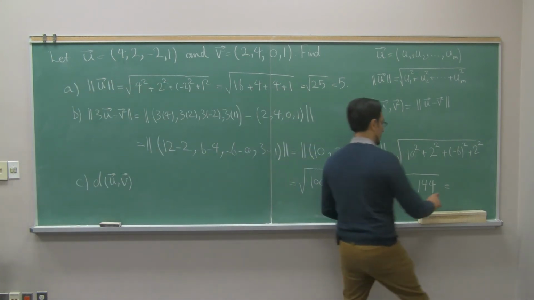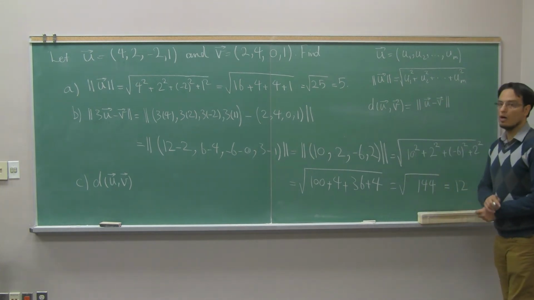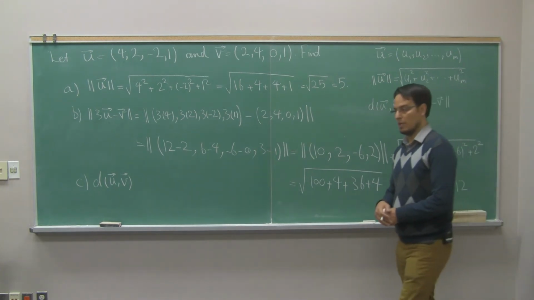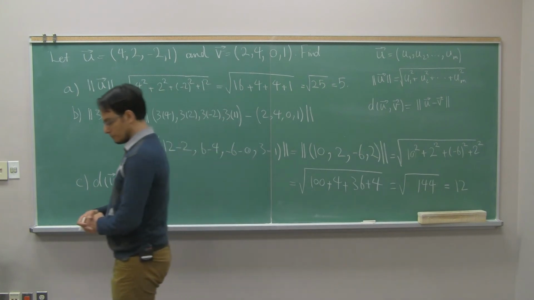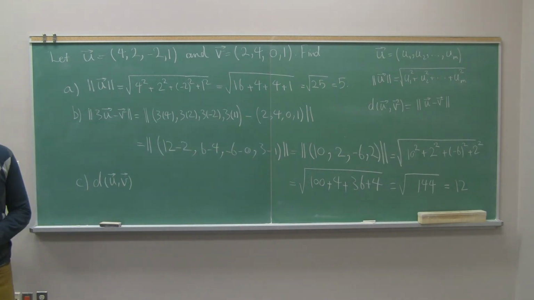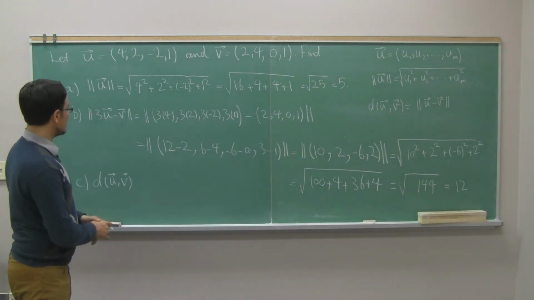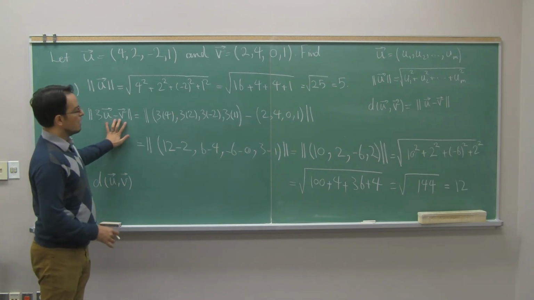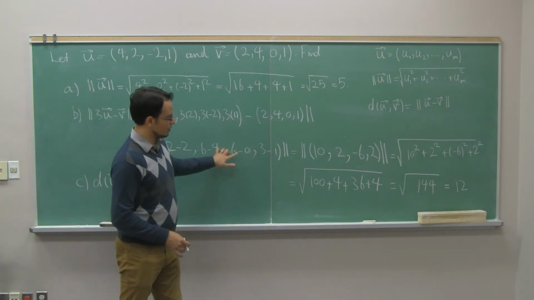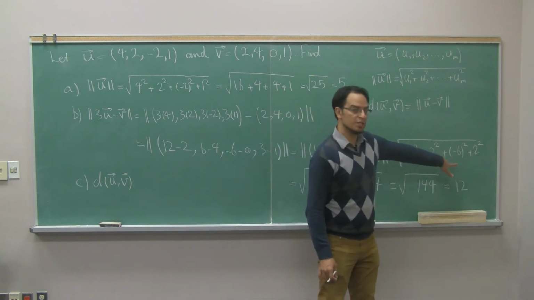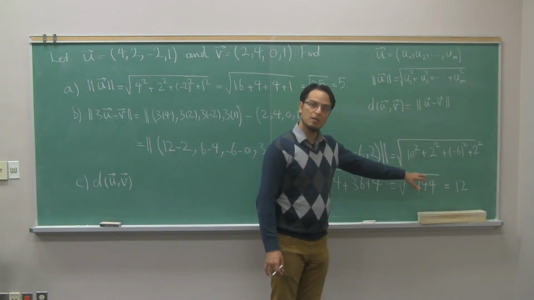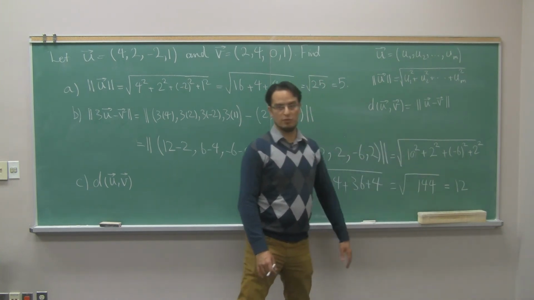You better know this. It's 12. So 12 squared is 144. So for the length of this vector, I first found the vector, then squared each component, added them, found the square root, and it was 12.